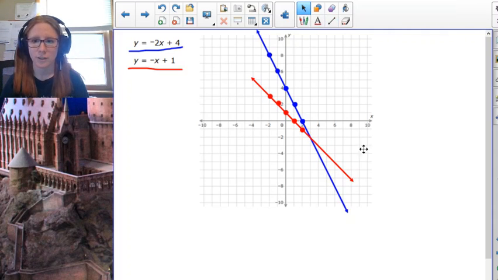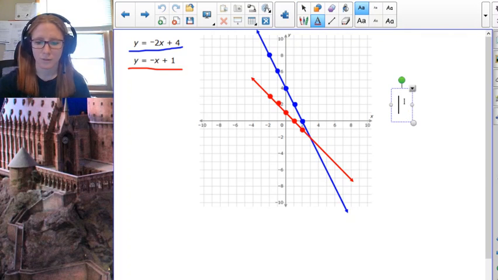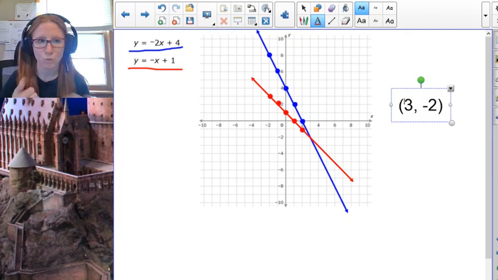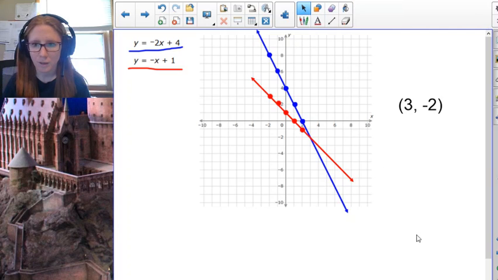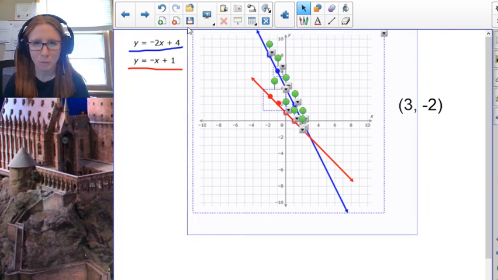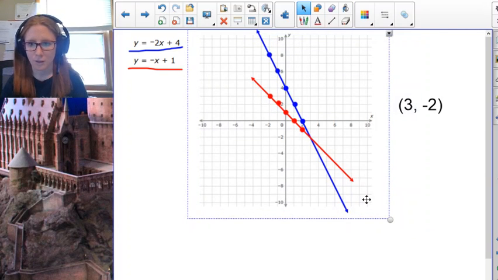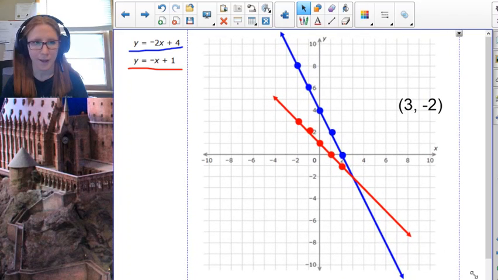And our point of intersection is right here, which is at 3, -2. Might be able to zoom it in if I group everything and then make it bigger.